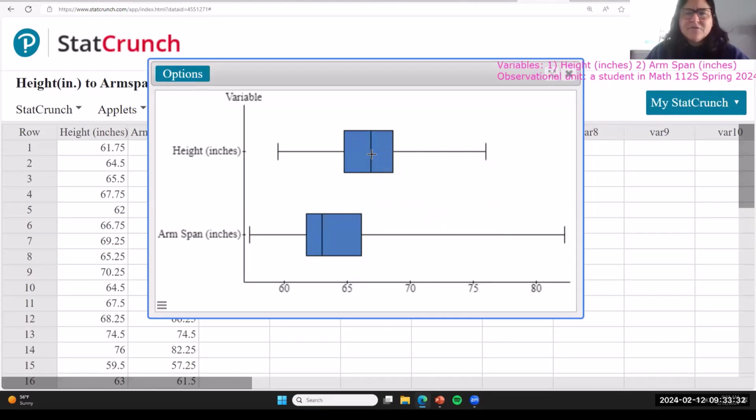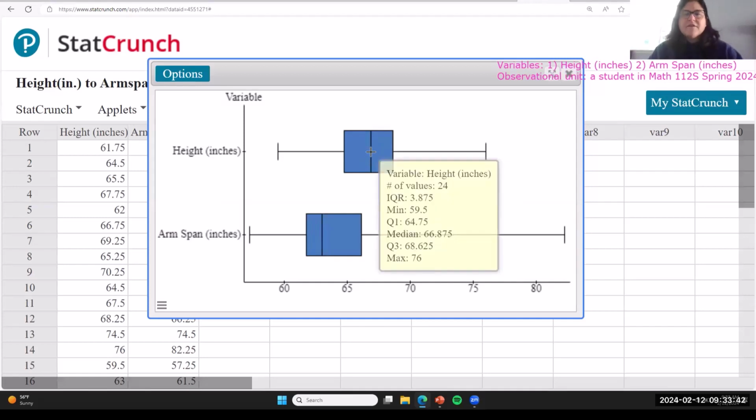I don't know why it's not holding for me. I'm trying to get that back up on the screen. Oh, that's weird. Okay, there it is. The IQR is 3.875 inches. So the middle half of the class, their heights are only different by 3.875 inches.